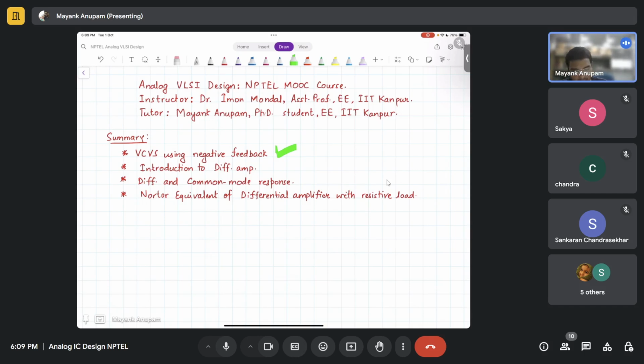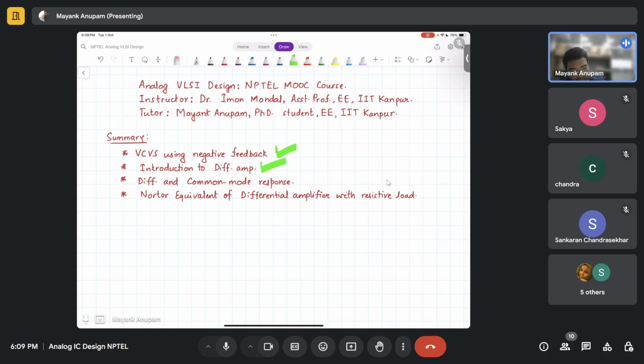And in making this VCVS, we came across the need for an amplifier which operates only on the difference. From there the discussion evolved, and we learned about differential amplifiers.